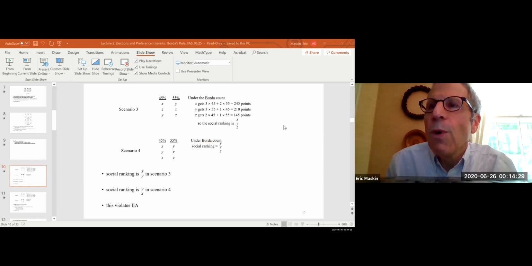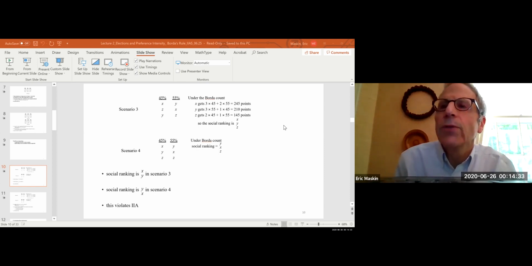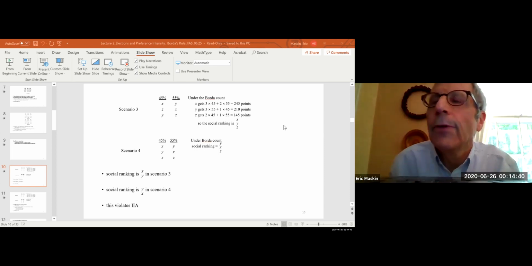So what you want to do is to allow them to rank some, but not all of the candidates. And that means that the ones who are not ranked are considered as tied at the bottom.